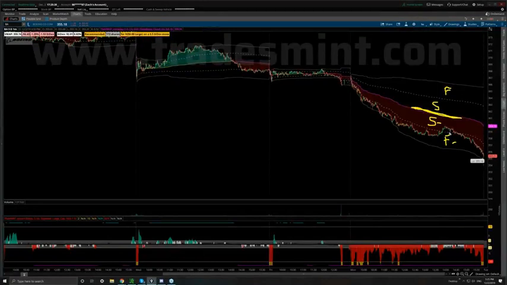VWAP and standard deviation bands do a very similar kind of thing with any chart that we apply it to. It puts you at a real advantage because you've seen not only the shape of VWAP before, but you've seen these familiar price action patterns as they react to the support and resistance of the standard deviations.